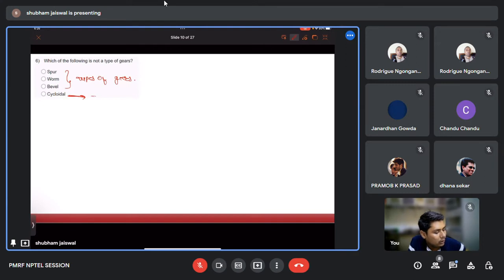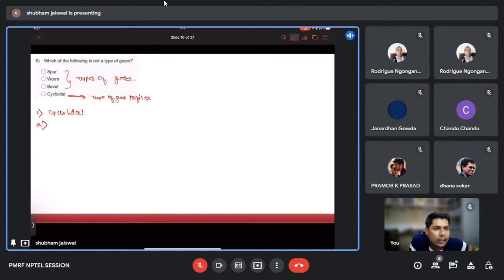It is a type of gear profile. What are the different types of gear profiles? First one is cycloidal, and second one is... anyone? Mr. Chandu, Mr. Janardhan, what is the second type of gear profile?